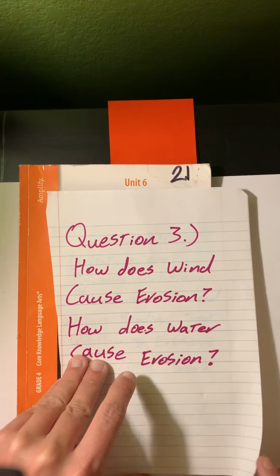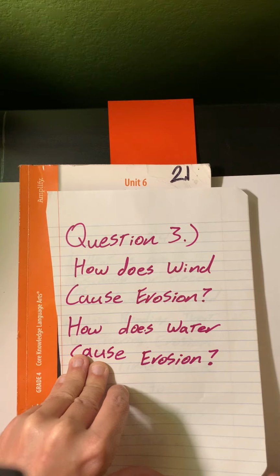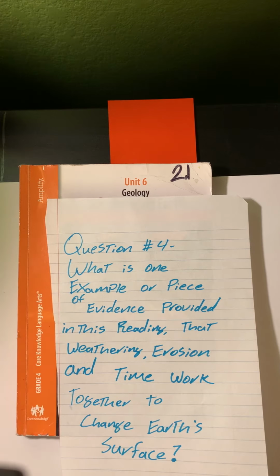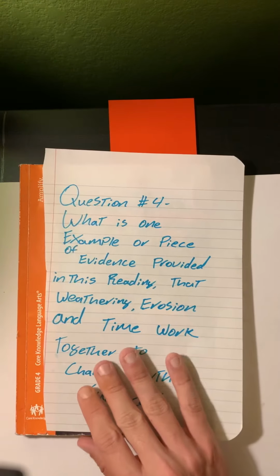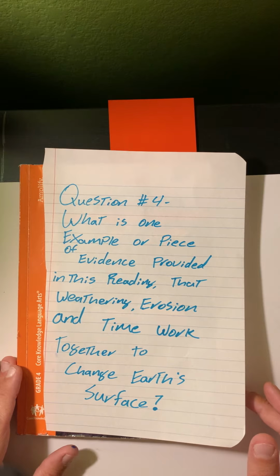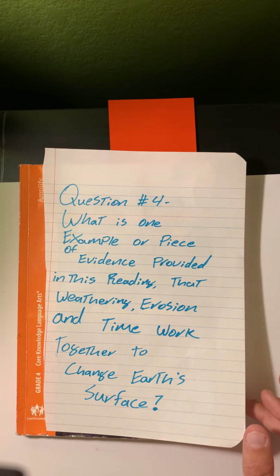And lastly, question number 4. At the end, I want you to give an example or a piece of evidence provided in this reading that weathering, erosion, and time work together to change Earth's surface.